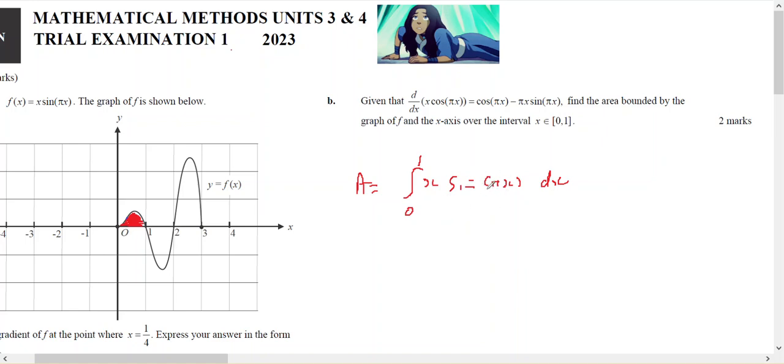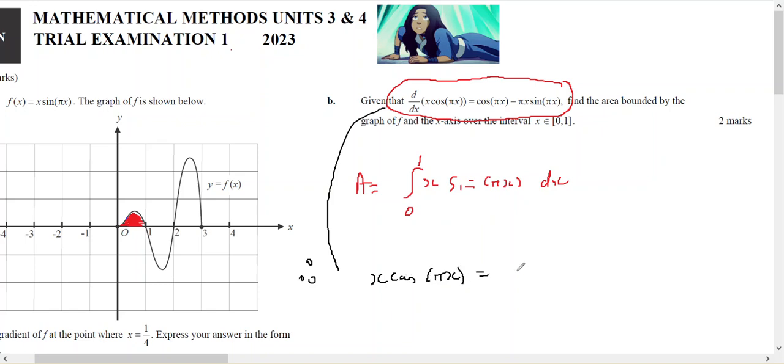However, I can't take this antiderivative directly because I've got x's in 2 different spots, but that's where I'm going to use the integration by recognition from here. So I know that from this line, therefore, x cos of pi x will equal the integral of the cos of pi x minus pi x sine of pi x dx.